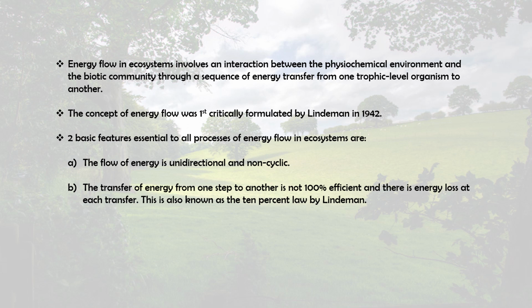But when the top carnivore eats another carnivore who have consumed the herbivore, it gets the energy, but we cannot provide back the same leaf. So this is the unidirectional flow of energy, and the transfer of energy from one step to another is not 100% efficient, and there is energy loss at each transfer. And this is known as 10% law by Lindemann.